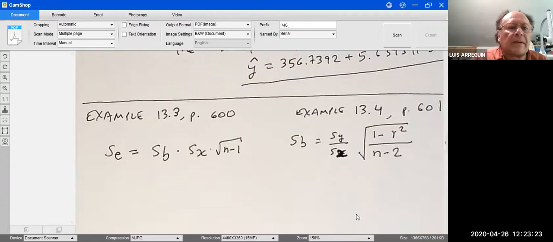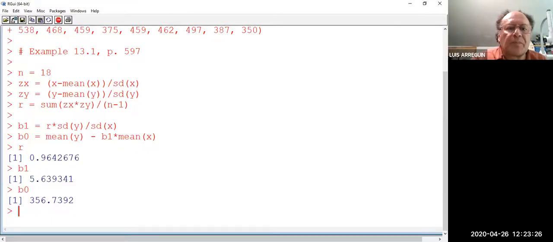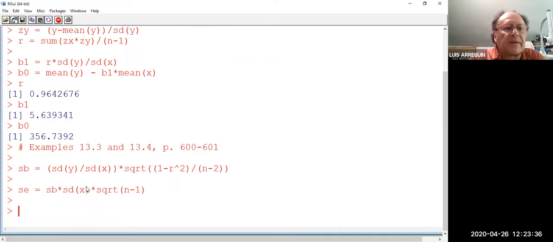So we have now examples 13.3 and 13.4 that we're going to solve in one single step. So I have here the formula for the standard error of the slope and the formula for the residual standard deviation. So if I call SB, no, I need to call first SE, because we are computing for example 13.3 the residual standard deviation.